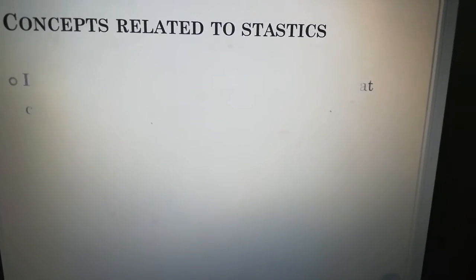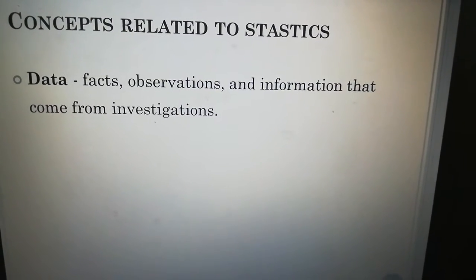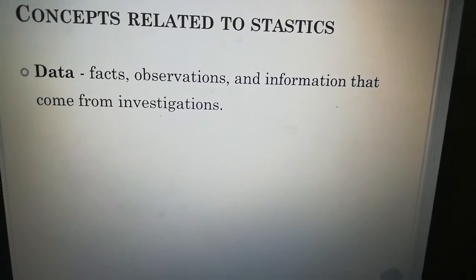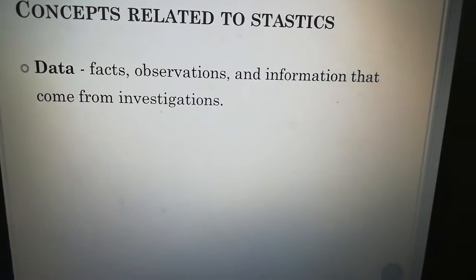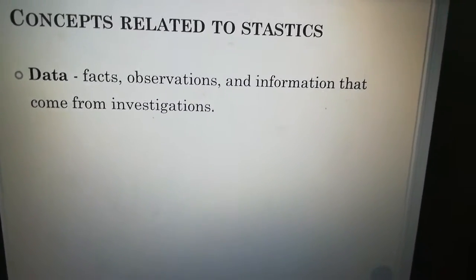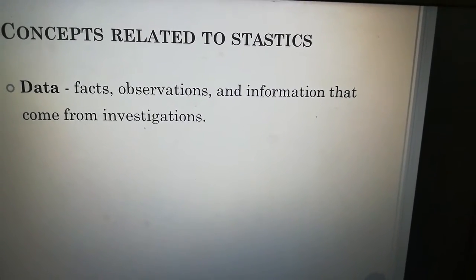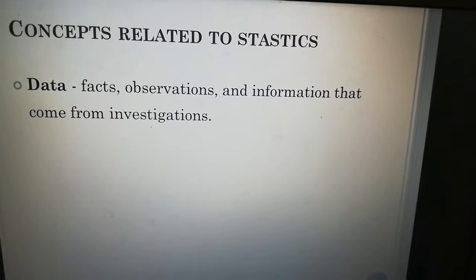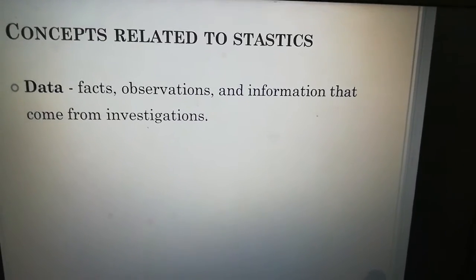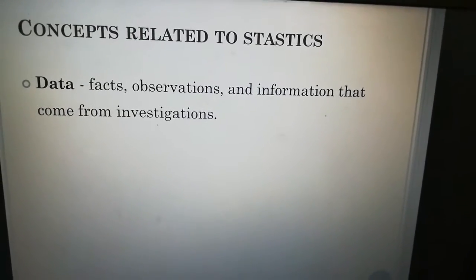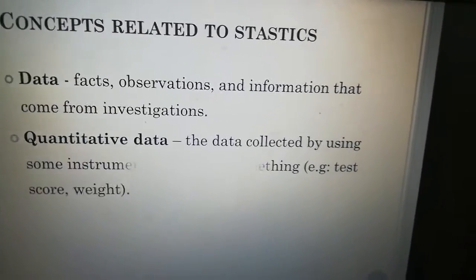The other related concepts under statistics, first and foremost is data. What do you mean by data? It's the fact or observation or the information collected by an investigator for the purposes of investigation.